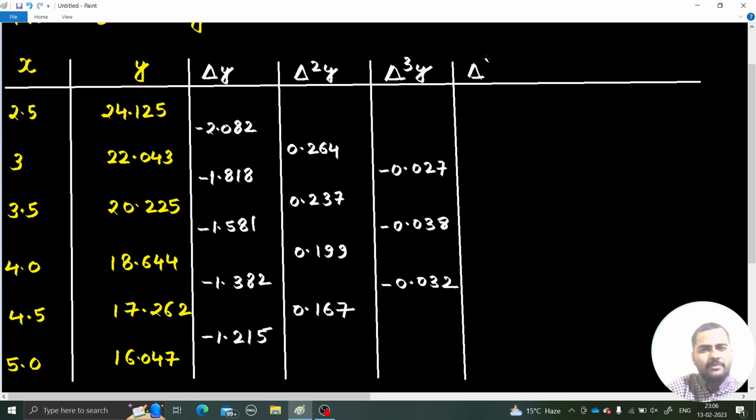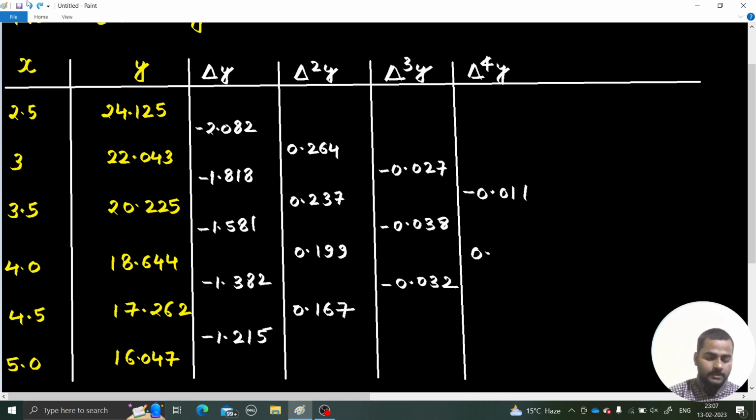The fourth difference might be a bit boring because I tend to calculate each and every value myself.